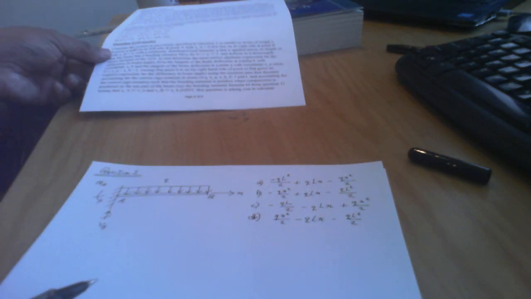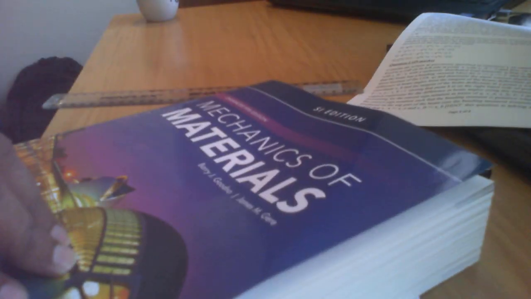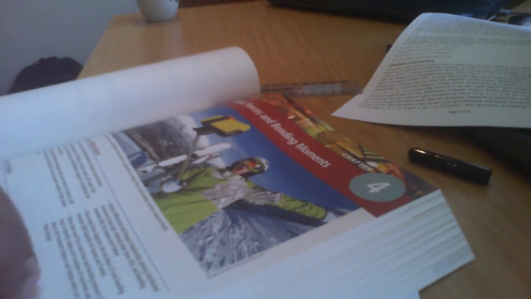We could look through the textbook and find the formula. That's a valid option. This is an open book test. So we go through the textbook. We open the book. It's chapter 9. Chapter 9 is deflections of beams.